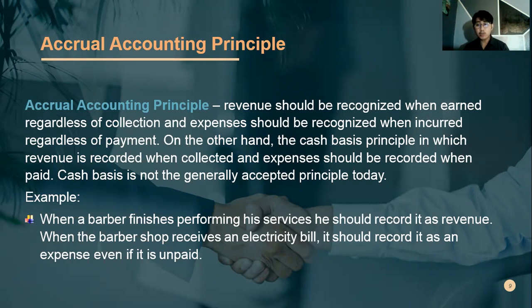Ibig sabihin, ito yung kita natin sa araw na ito. Okay, so once daw po tapos na yung pag-perform ng service ni barber, it should be recorded as a revenue. While when the barber shop receives an electric bill, when we say electric bill, ito yung kuryente, we need to pay for the electricity, you should record it as an expense even if it is unpaid. Okay?